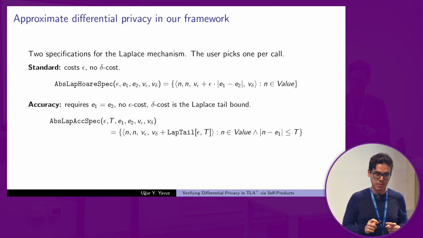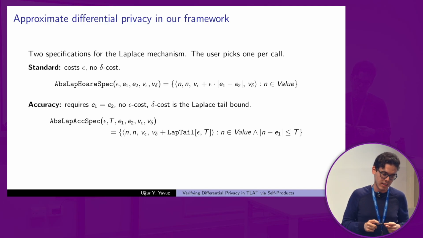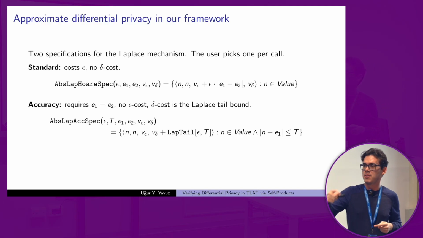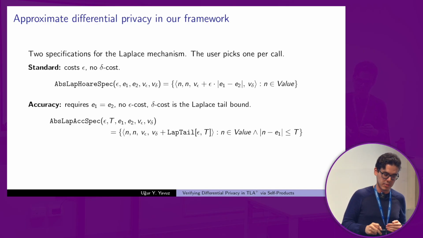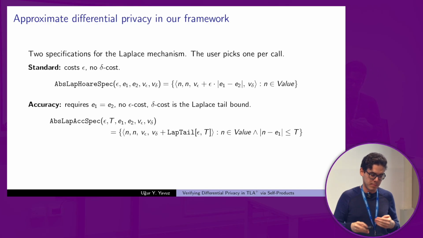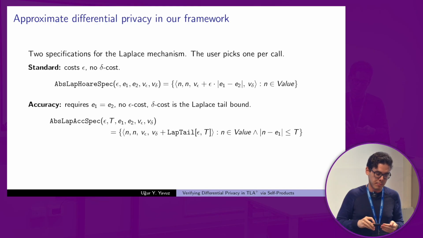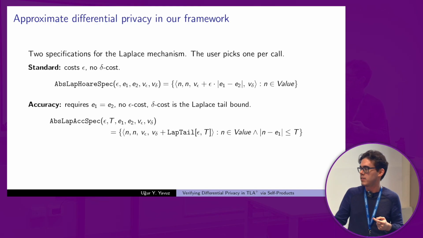Mathematically, it's equal to 2 times epsilon e to the epsilon t. 2 times e to the minus epsilon t. There you go. It's the probability that a Laplace sample lands more than t away from its center. So intuitively, the accuracy specification says if you don't want to spend epsilon budget, you can instead constrain the output to be close to the input. And then the cost of that constraint is the probability that it fails, which is lap tail.